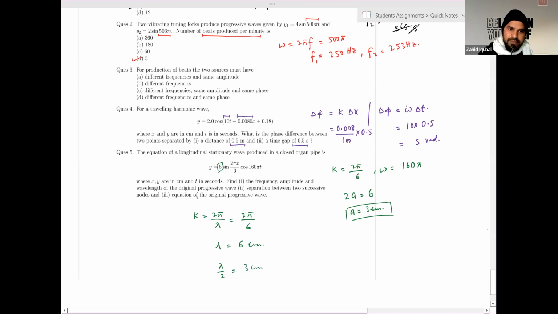And last, we have to calculate the equation of the original wave. So you may write y equals A sine(omega t minus kx), where A is given as 3, omega is 160 pi, and k is 2 pi by 6. Just put in all the values, you'll get your answer.